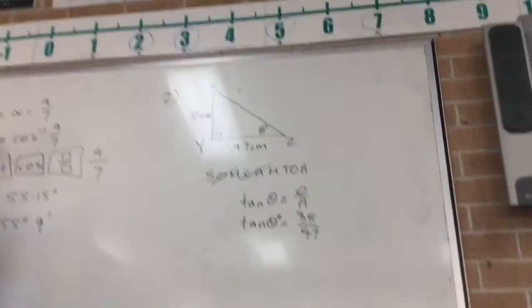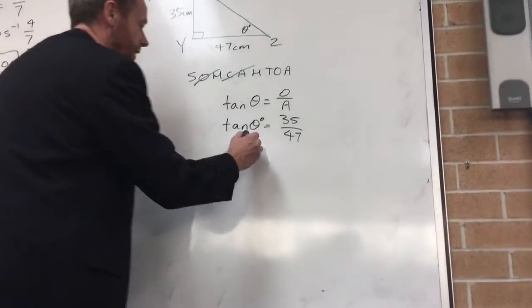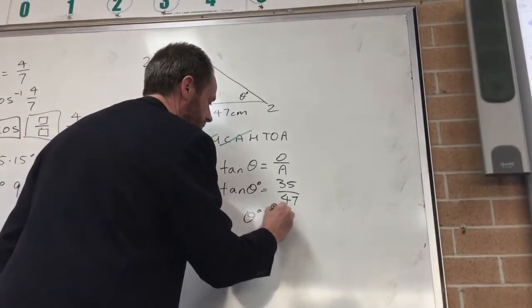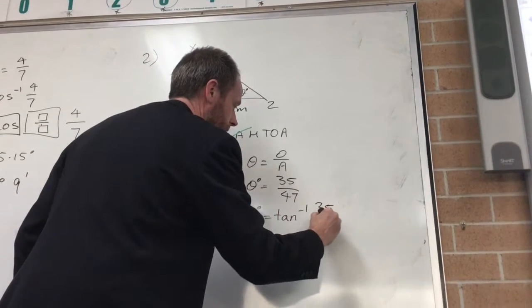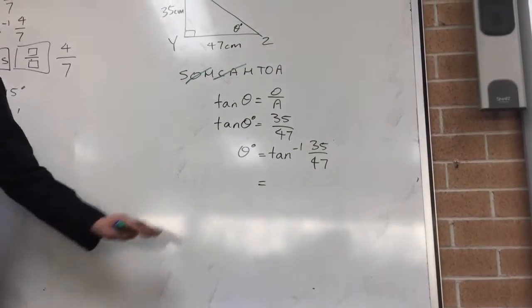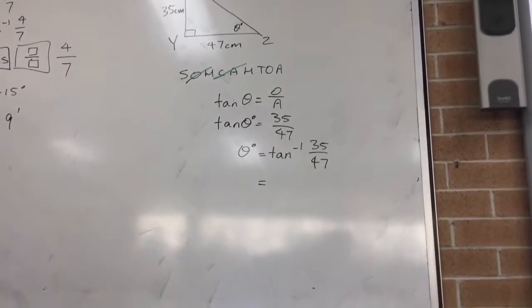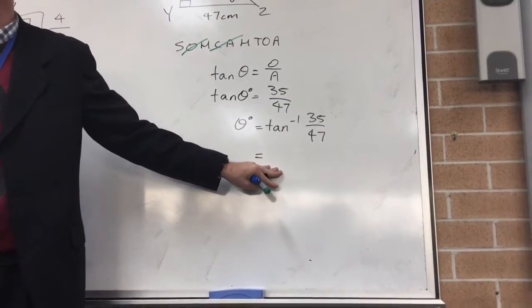But just like with this question, I now need to find the angle. Theta is equal to tan to the minus 1 of 35 over 47. Just like we did here, you press Shift, tan, and then enter your fraction. Can I have somebody do that, please?